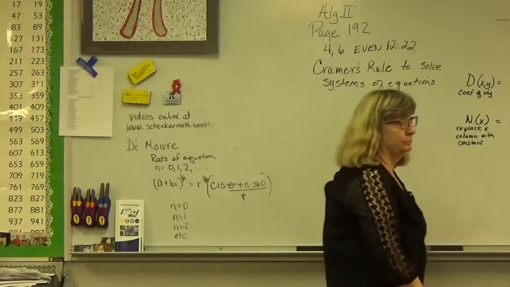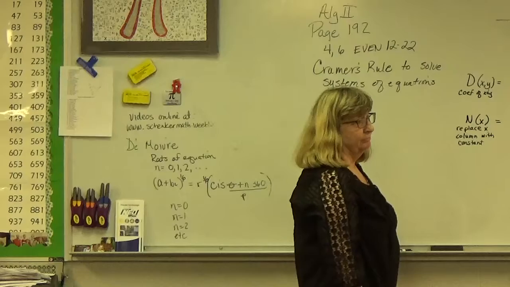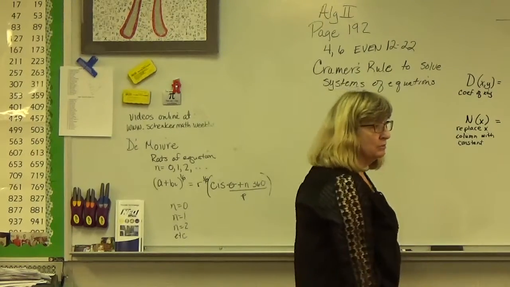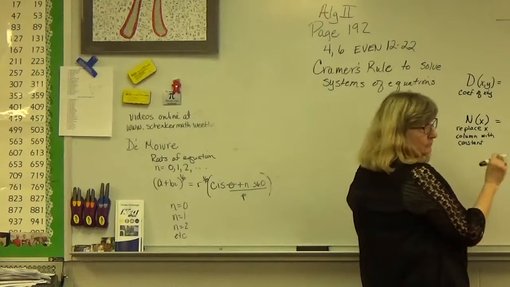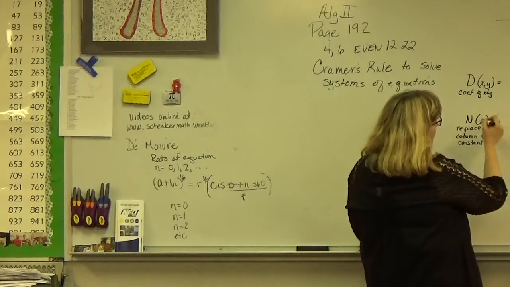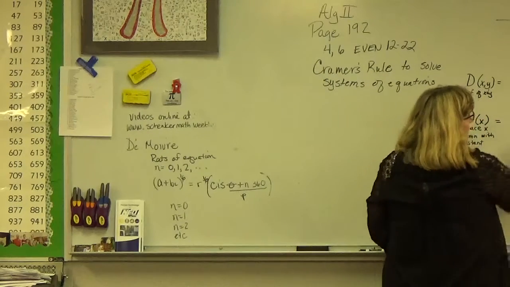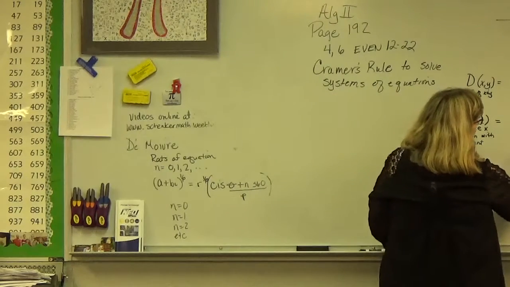You're going to come up with 2 parts of the equation, and it will make sense when you get it all together. So we're trying to find the numerator of x. You find it by replacing the x column, which is 4, 1 right now, but it's going to become 13, negative 1.